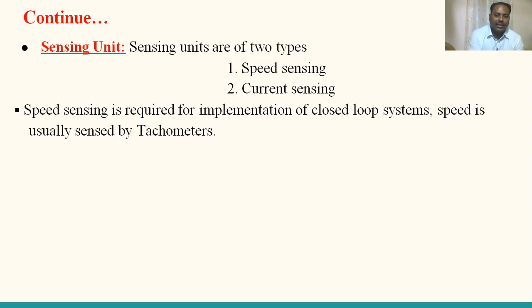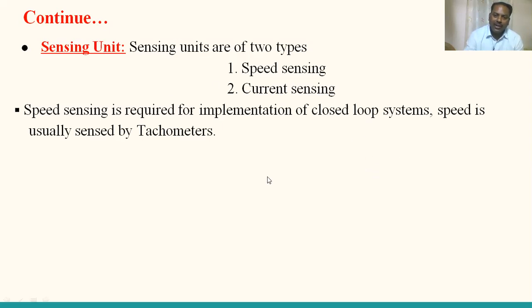Once you press the switch of the tachometer, the sensor is directly projected on the rotating rotor so that it senses the speed. The tachometer is a good device to sense speed.